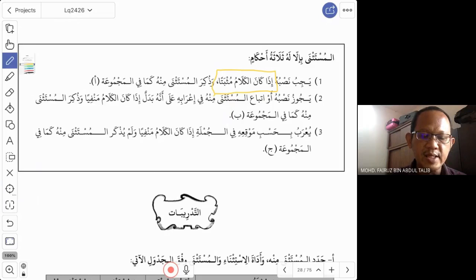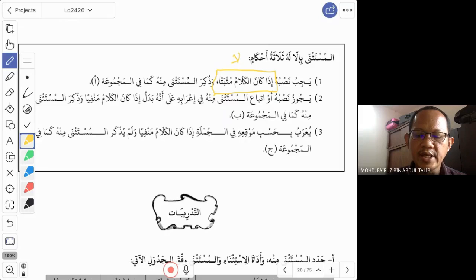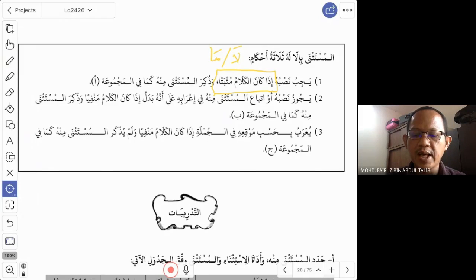Muthbat means that there is no la or ma at the beginning of the sentence. If the sentence has la or has ma, it is not called muthbat, it is called manfi. We will see that later, inshallah. So muthbat, literally there is no la, no ma in the sentence.